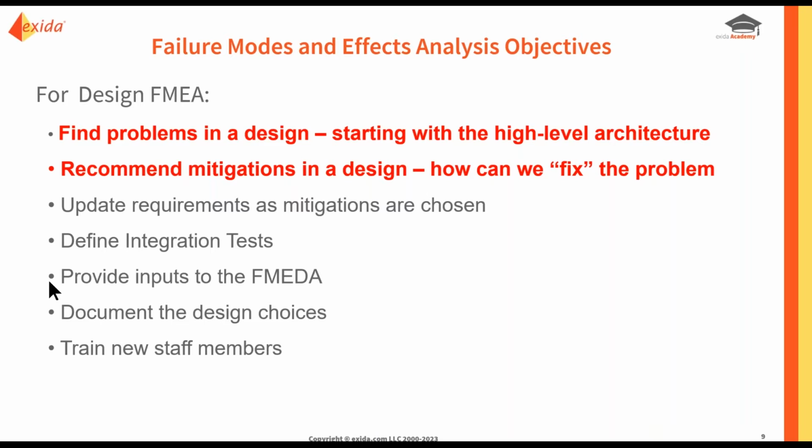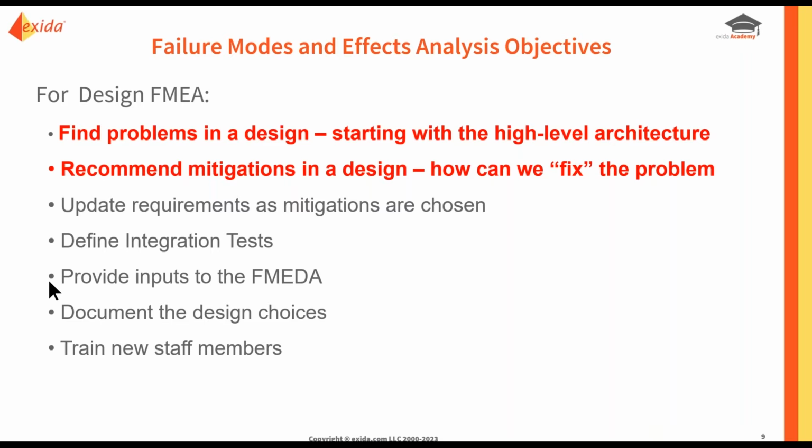But an FMEDA, in order to be done quickly and accurately, needs certain information which should come directly from an FMEA. In the FMEA, we document the design choices we make.